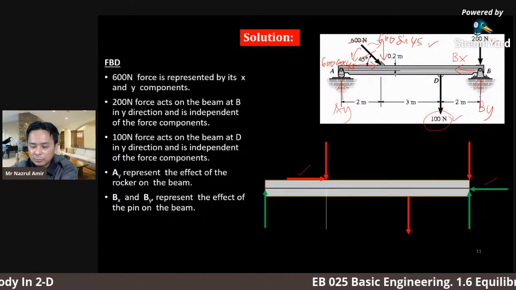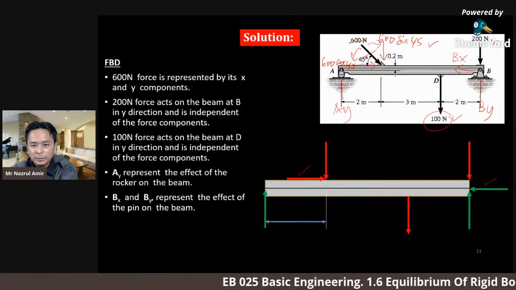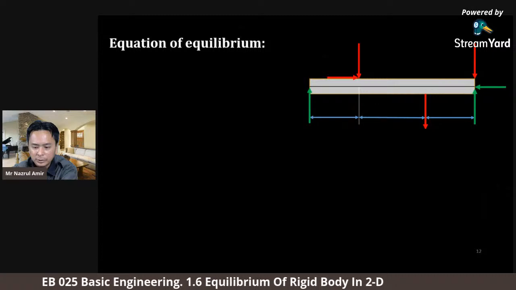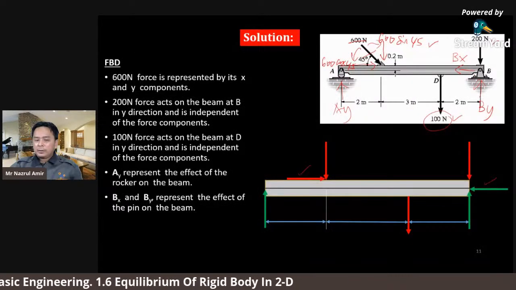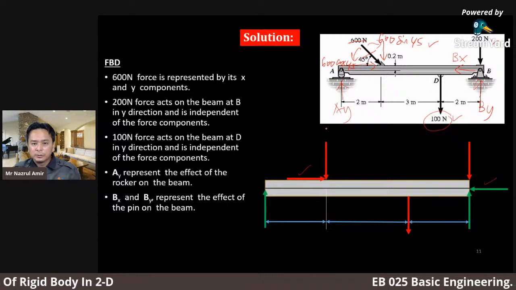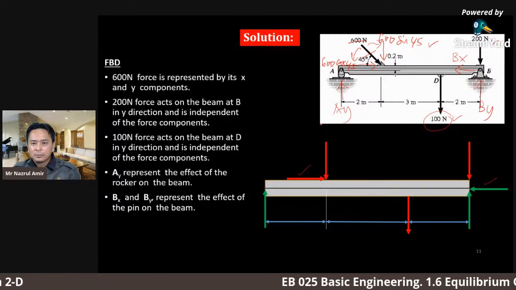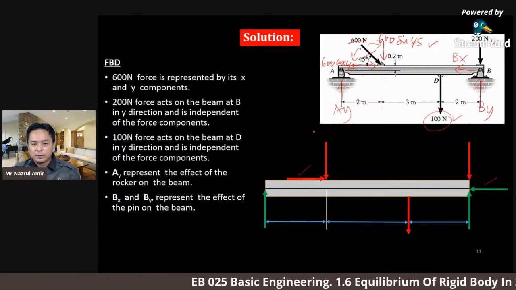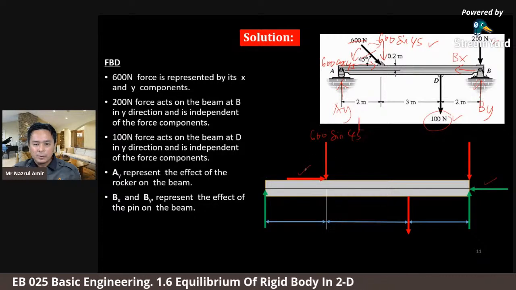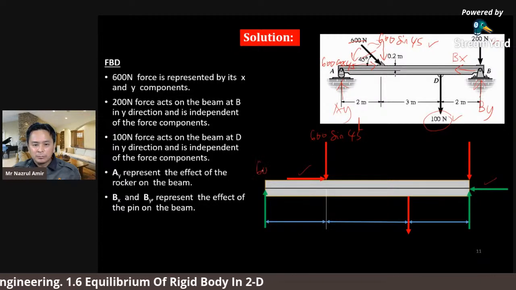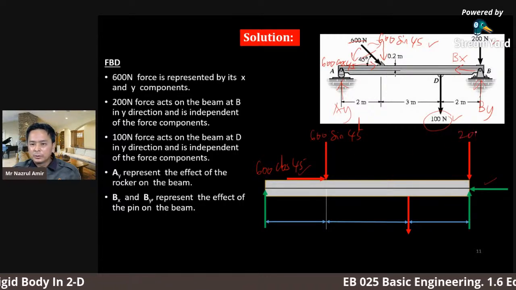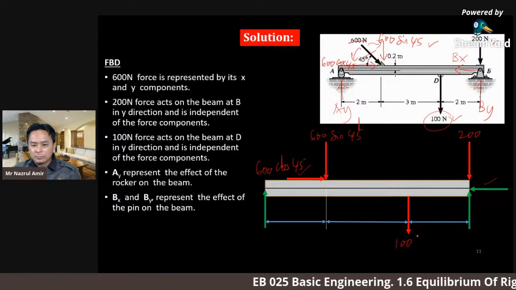Next we complete the FBD. Here is the distance. Now we will label all the forces. Start with 600 sin 45, here is 600 cos 45. Here is 200 Newton, 100 Newton.